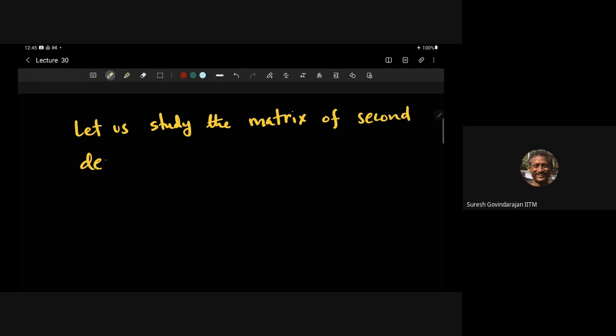Let us study the matrix of second derivatives at q equal to q naught. It's called the Hessian.